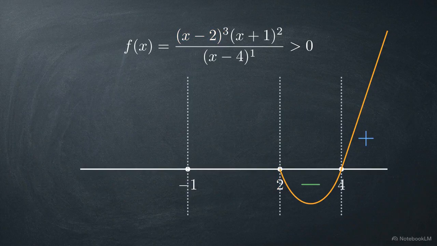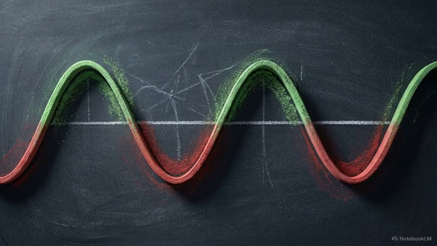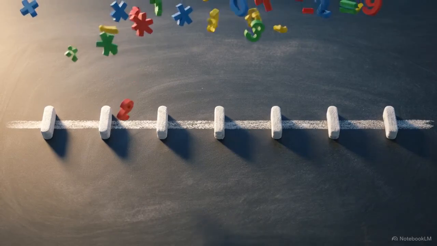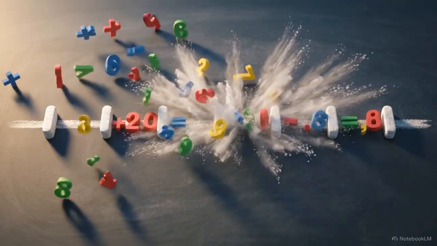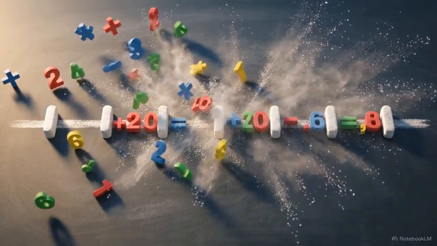Continuing left, it hits 2, also an odd power, flipping back to positive. But hitting -1 from an even power, the sign persists and bounces off the axis. This sequence of bounces and crosses forms a complete, continuous geometric map of the function's behavior. The wavy curve takes an infinite guessing game of decimal testing and compresses it into a finite, visually guaranteed certainty.